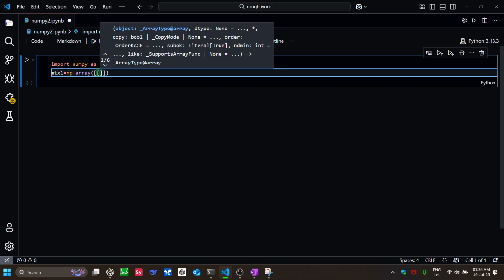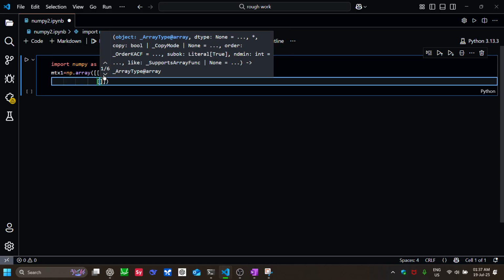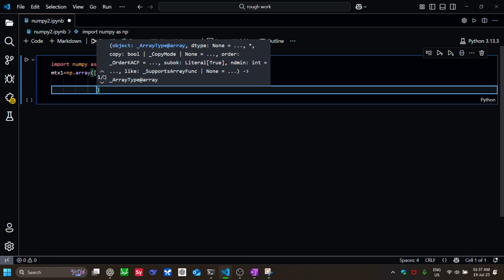This is the rule: first I open the matrix, then I add the first row, and let the first row data be 2, 1. Then I'll proceed further, add a comma, open one more row, and then 5, 9.